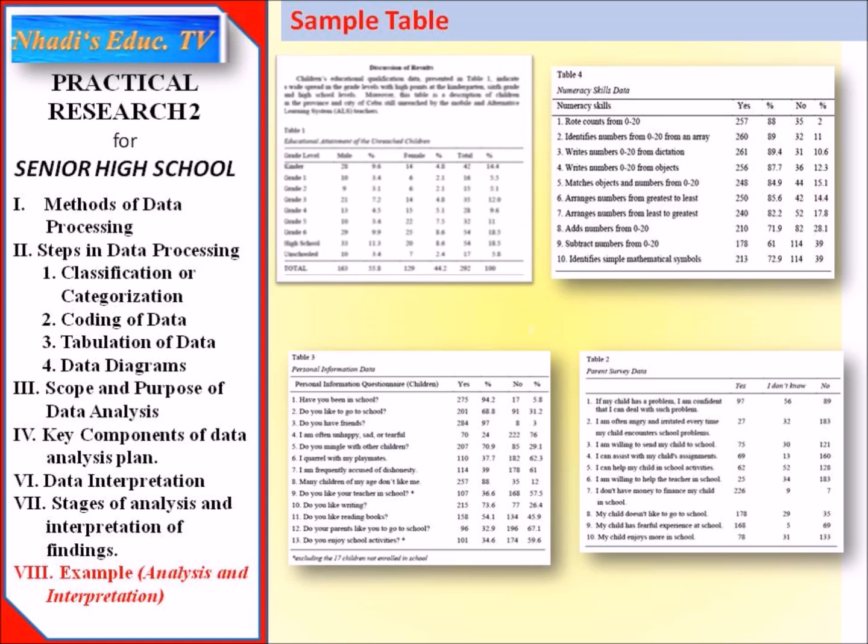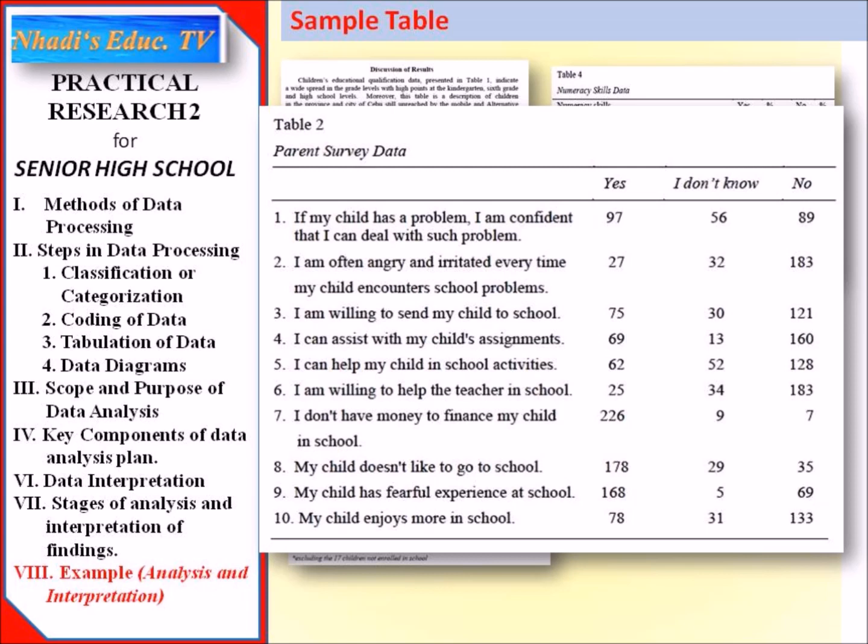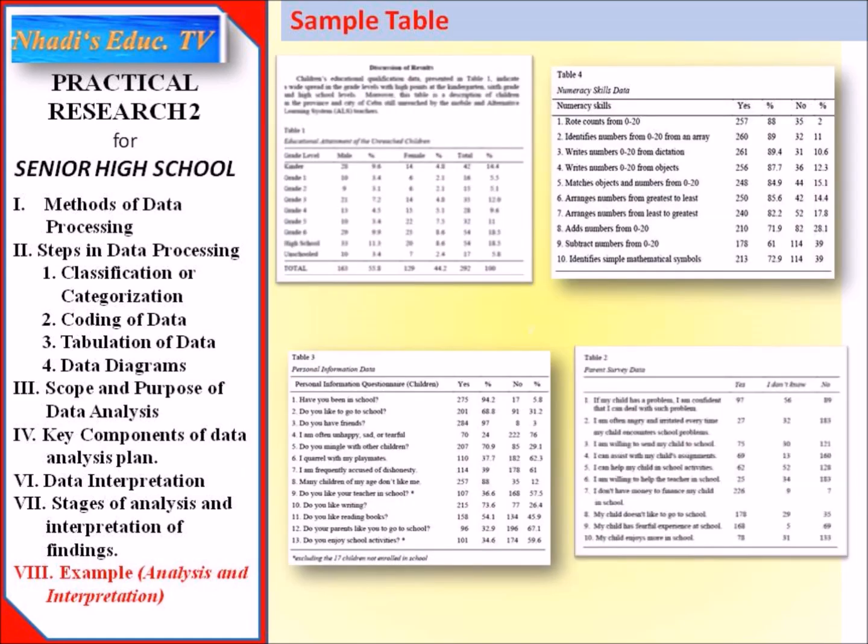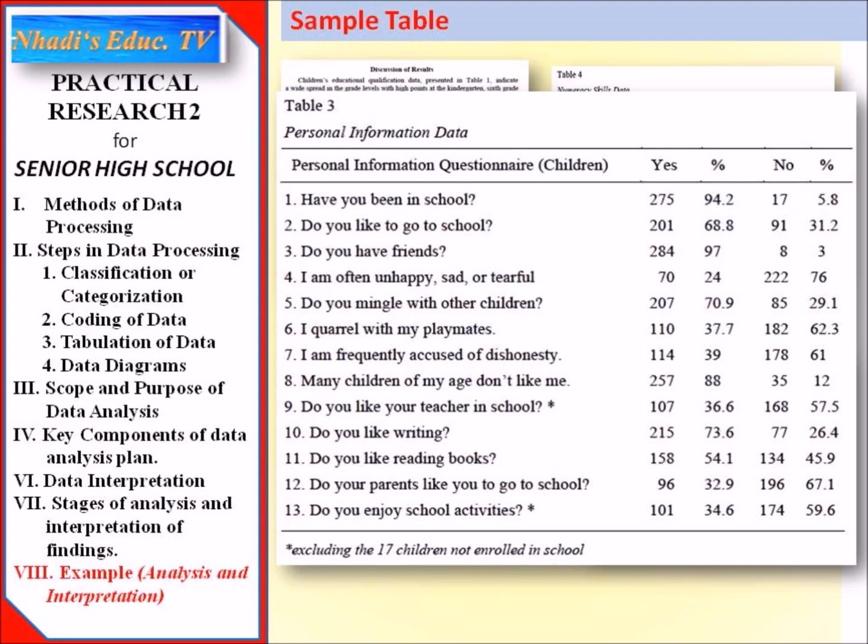responses of the respondents, with the answers yes, I don't know, and no. In Table 3, which is the personal information data, here the children were the respondents, so they were asked to answer a yes or a no to the following questions.